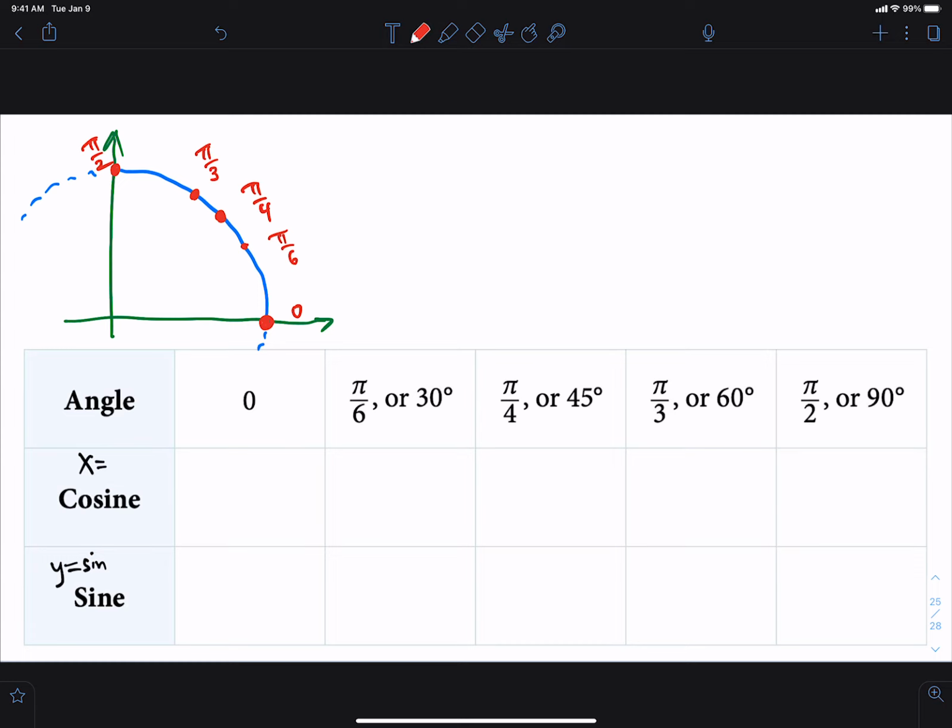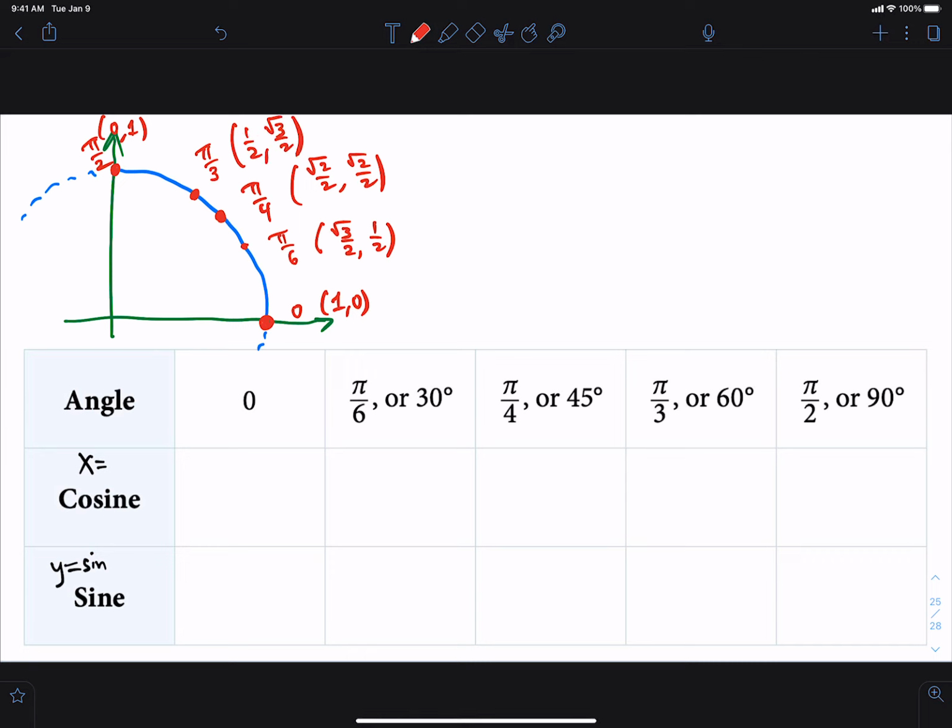And let's just remember those 5 points were, let's see, well, 1, 0 and 0, 1. We didn't compute those, but we know those. And at pi over 6, it was root 3 over 2, comma 1/2. For pi over 4, it was root 2 over 2, root 2 over 2. And for pi over 3, it's 1/2, root 3 over 2.